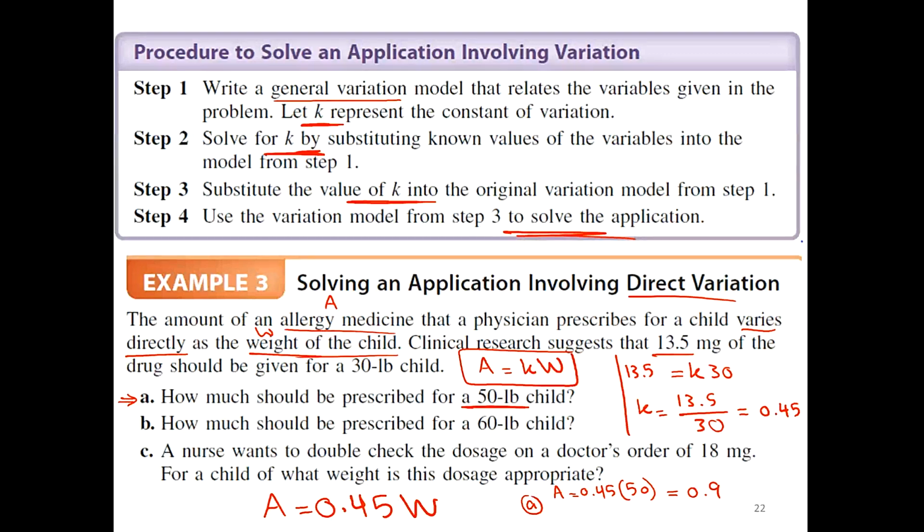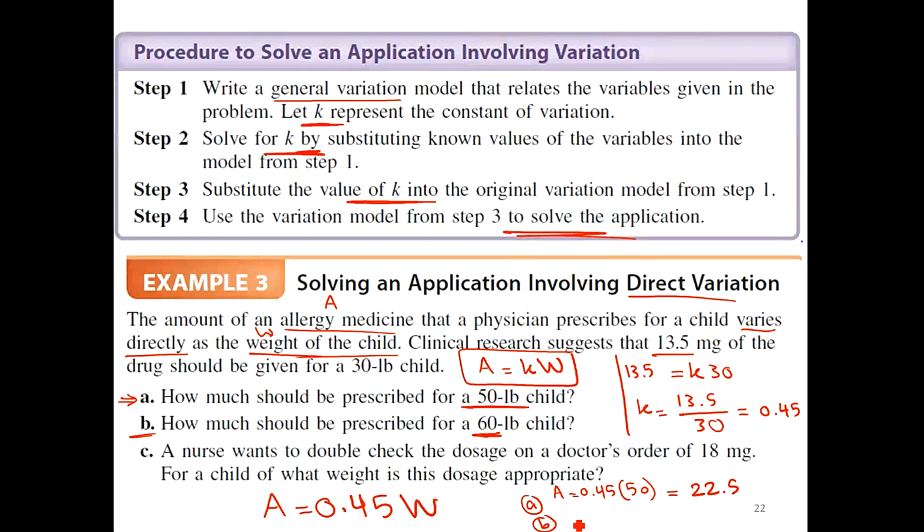So we have 22.5. This is the milligrams for children with weight 50. Also the B, this is with 60, so multiply.